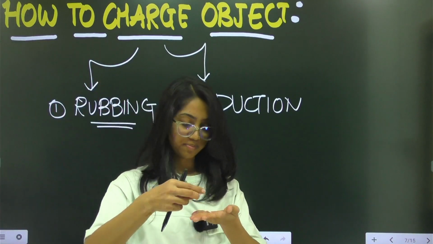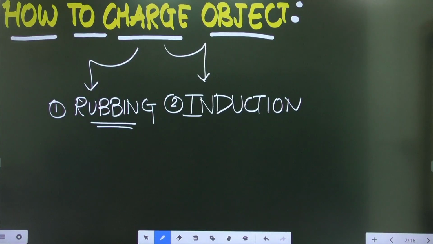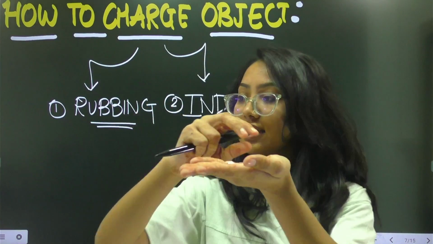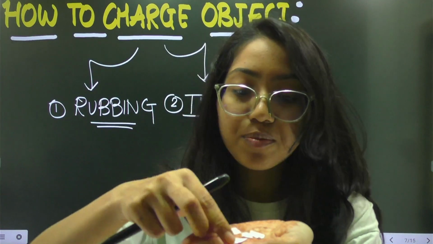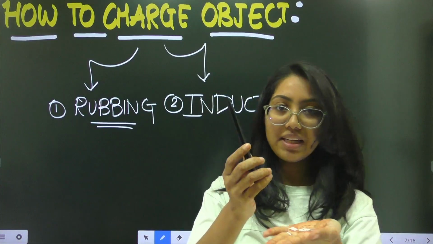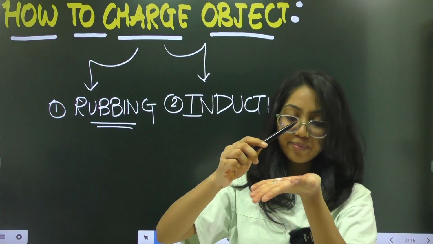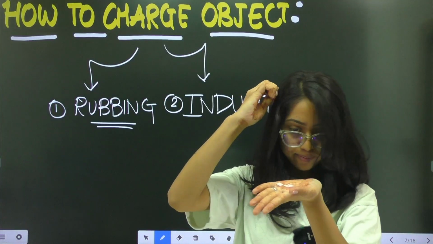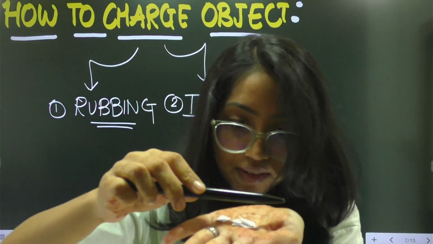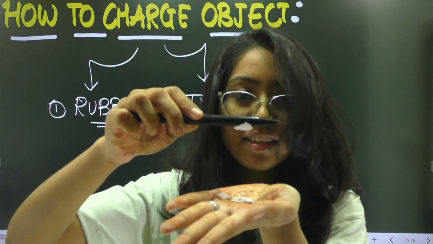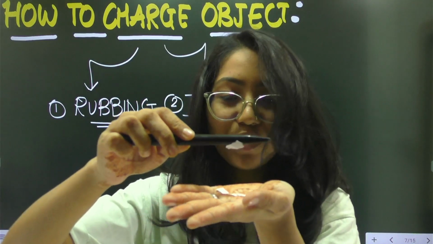For example, let me show you something. These are some pieces of paper in my hand, and this is the pen, and I will rub it with my hair. As you can see, the paper is stuck to the pen.